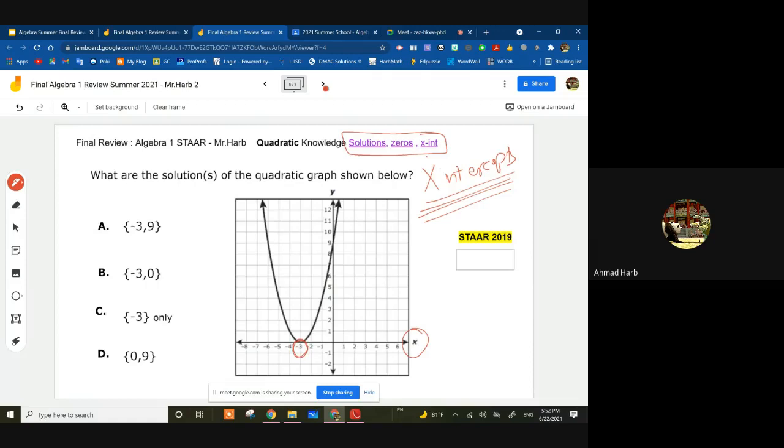So if it's coming from here, it's coming back up. It's like throwing a ball on the ground, it touches the ground and goes back up. That's considered a solution or a zero. So the actual zero is -3, only -3, because they're asking about that exact point. -3 is the only answer for this, or the only solution for it. Okay, so be careful.